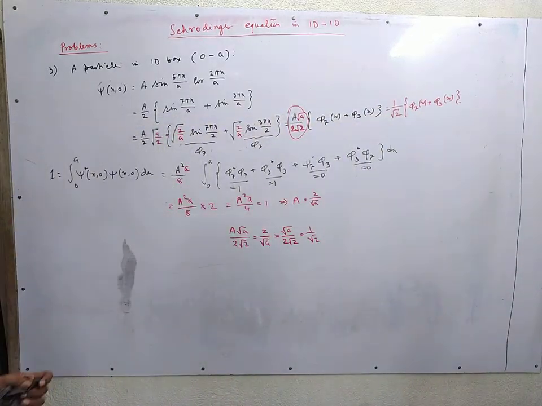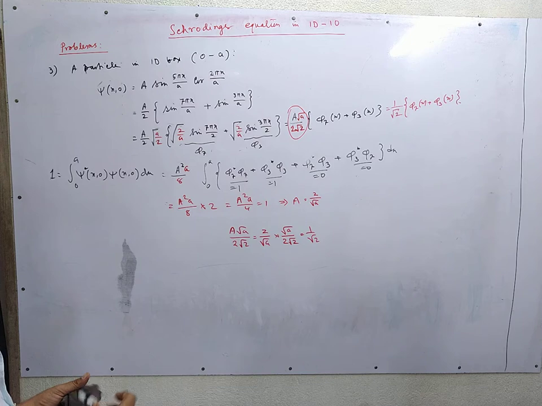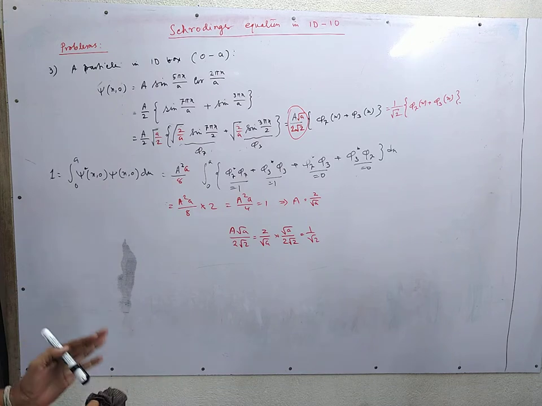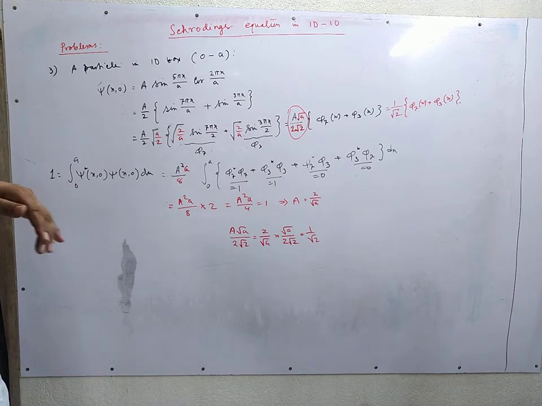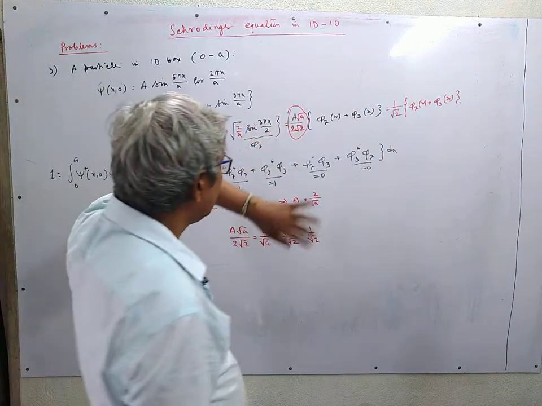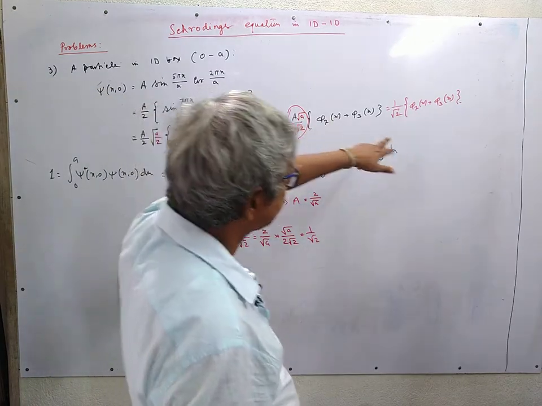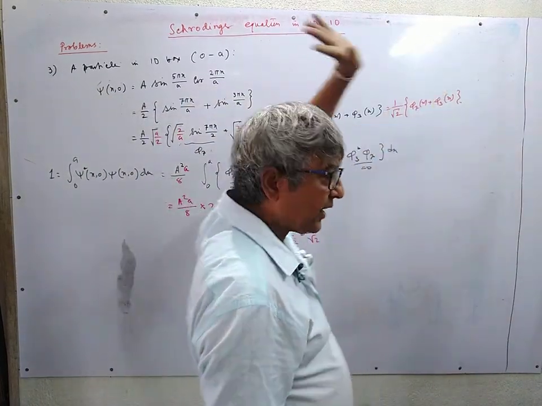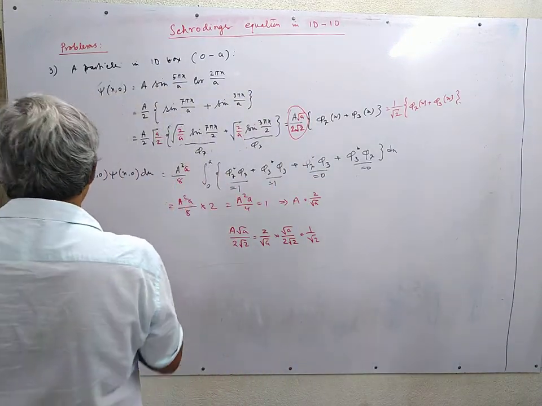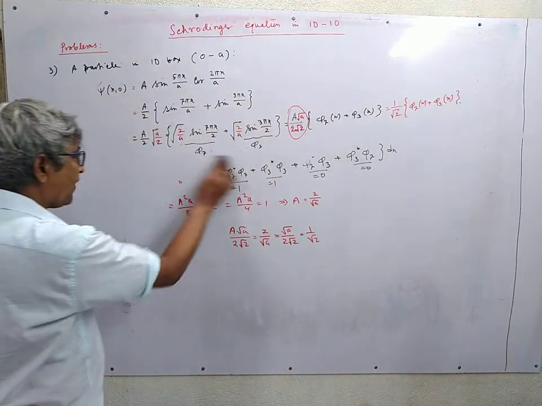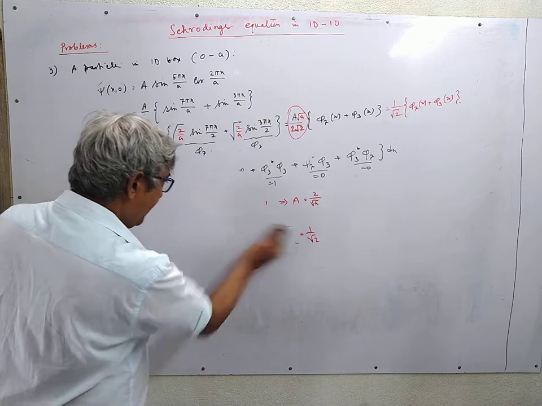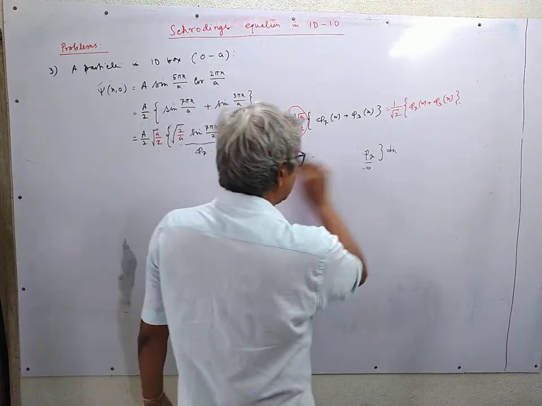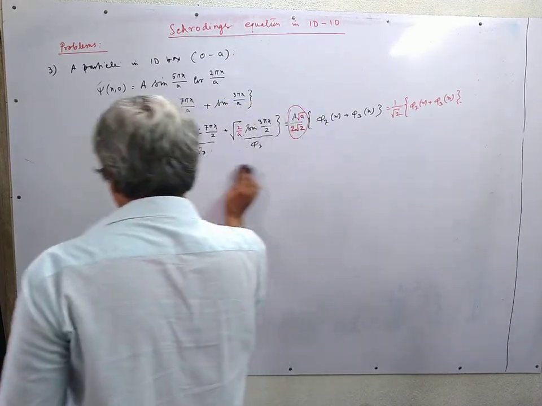Now the next part is to calculate. So we have answered two questions. One is the normalized wave function, and the wave function has been written in terms of the energy eigenfunctions. Then the problem is to find out the time evolution.